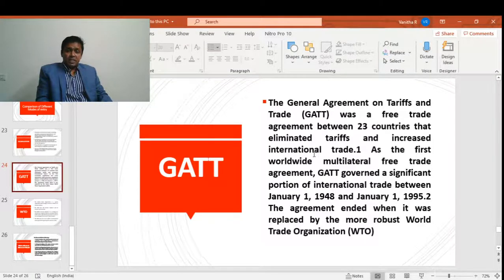Most countries experienced that, including the US. There is a story on record that the US had lost 804 billion dollars. That was a huge amount of money at that point of time.